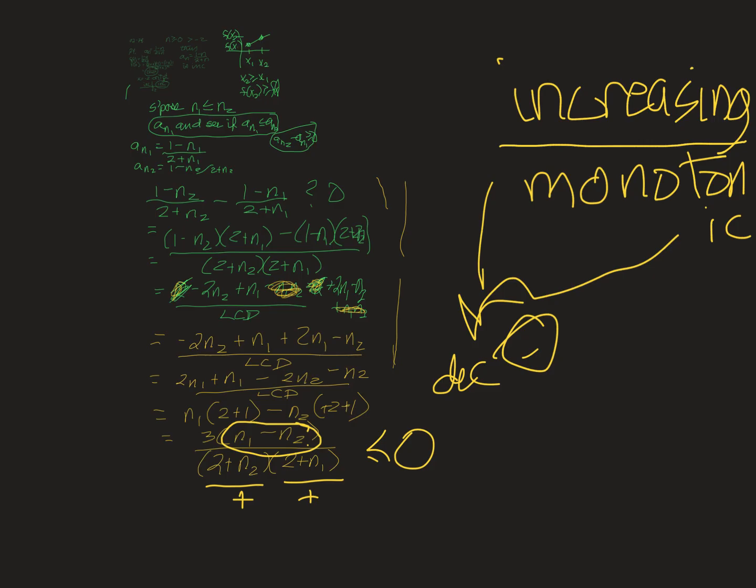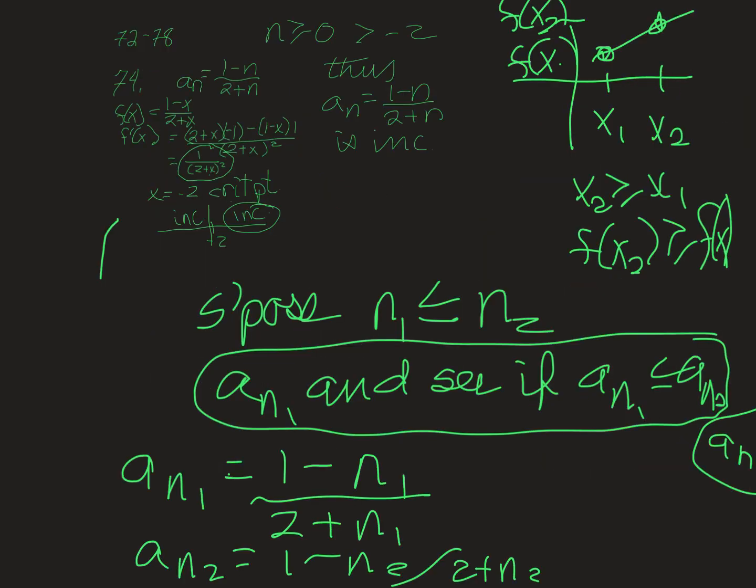Okay? We just need to find a number that's always greater than the original sequence, which is 1 minus n over 2 plus n. Okay? Sometimes a graph can help us pick that number. All right? So I'm going to graph it real quick and look.